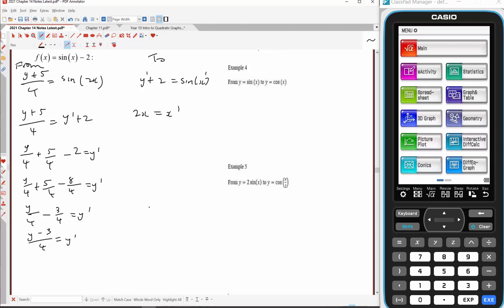factor of a quarter. So it doesn't really matter what you do algebraically with it, as long as the algebra is correct, like you've written a true statement, then you can state the transformations.